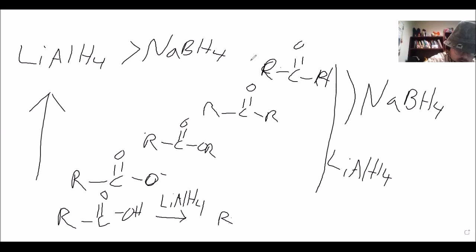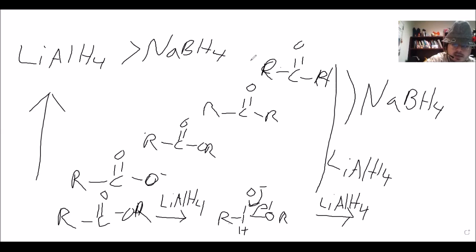We have R, we have H, O minus, and we have a good leaving group. So what happens is it swings down, reforms the double bond, and the leaving group leaves. And so then we can add another equivalent of the lithium aluminum hydride, and it's going to keep adding, and it's going to kick it down from a ketone, or sorry, from an aldehyde all the way to a primary alcohol.